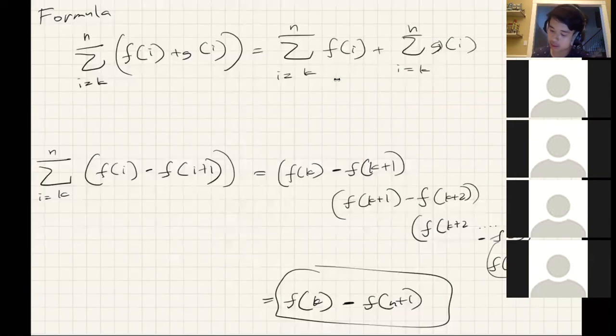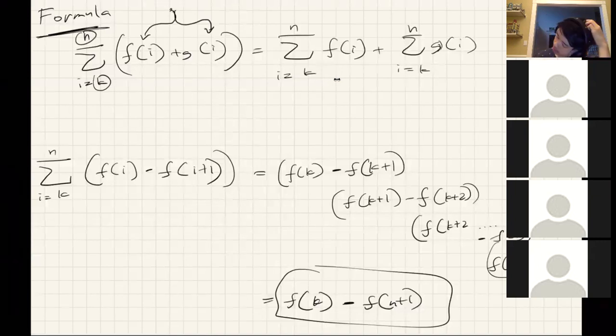Okay. So what's the formula for splitting the summand, right? What is the mechanism? It's a very simple idea. It's actually just the associative property, the commutative property. Let's say you have the sum from k up to n, and each summand is a function of i, but this function can be expressed as a sum of two other functions.